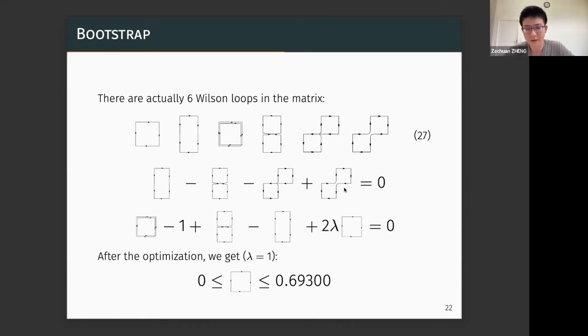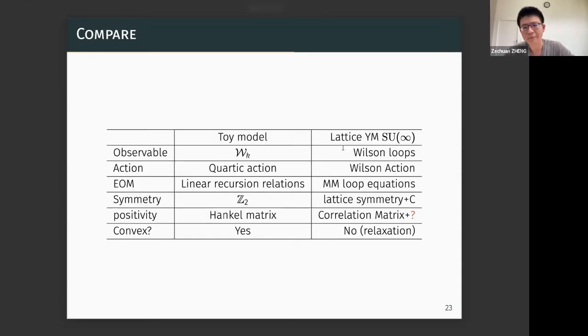After putting lambda equals 1, for example, you can put lambda at any other value, that doesn't matter, at this lowest order bootstrap, we will get the one plaquette average larger than 0 and smaller than 0.693.